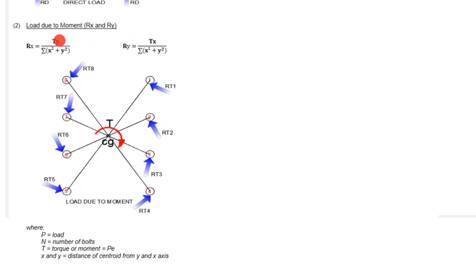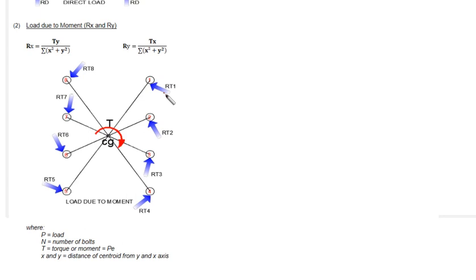I-multiply natin siya sa Y pag ang kinukuha natin is Rx, and pag kinukuha naman natin yung Ry natin, yung load due to the horizontal, ita-times natin siya sa distance of x. So, ano yung x? Ano yung y? Yan yung distance nung center ng bolt with respect to Ry and Rx.